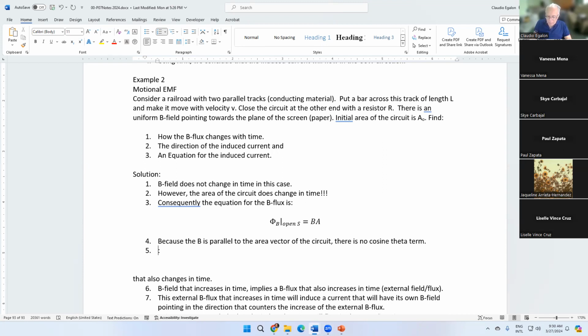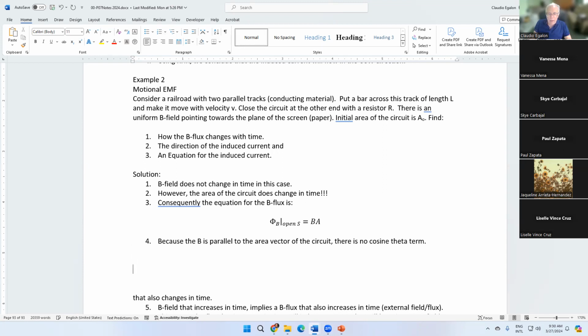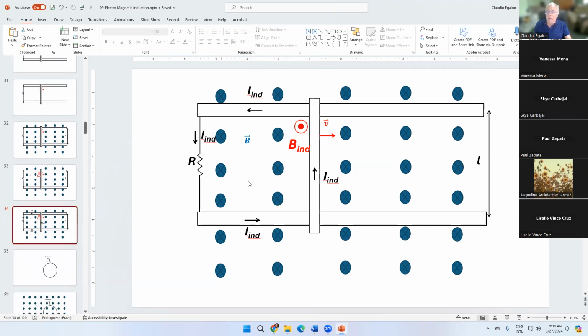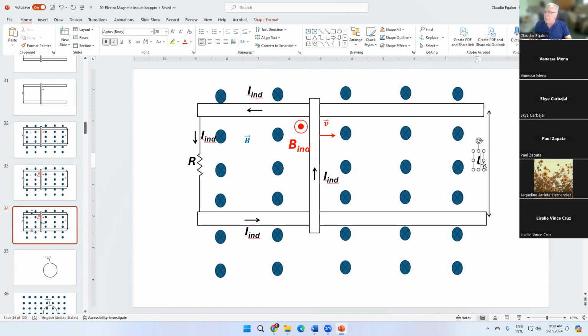And then we can start writing down here. Going back to the drawing, right in here. Here's the area at time t equal to 0. This is my A naught area. The circuit is increasing according to vt. LVT is the increase in the area of this circuit. Make sense? I'm gonna play the movie for you.